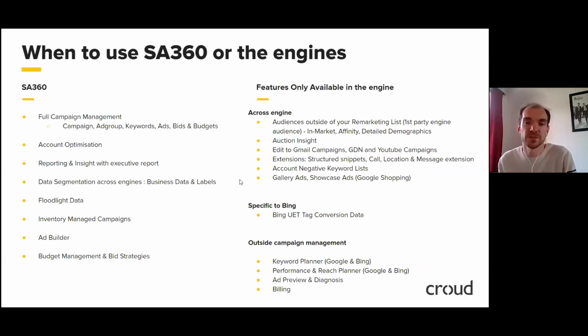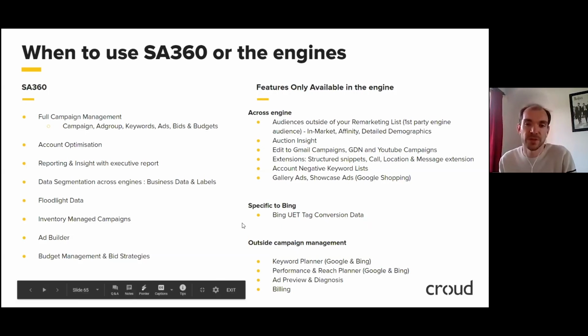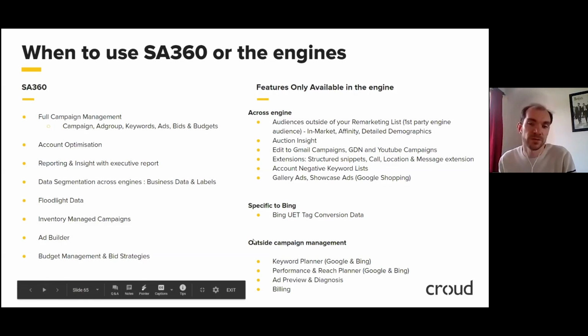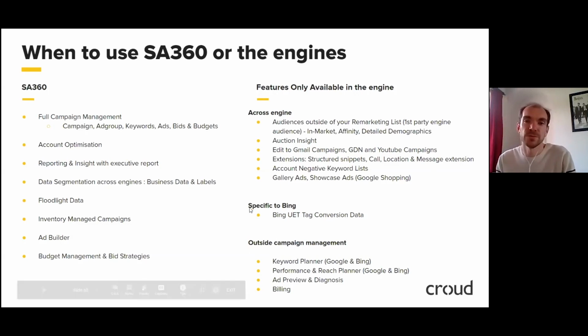Features that are specific to Bing, obviously your conversion data from Bing. And outside of any of the campaign management, the different tools that Google or Bing will have, such as Keyword Planner, your Performance Planner, your Ad Preview Diagnosis, and obviously your billing will remain in the engine.